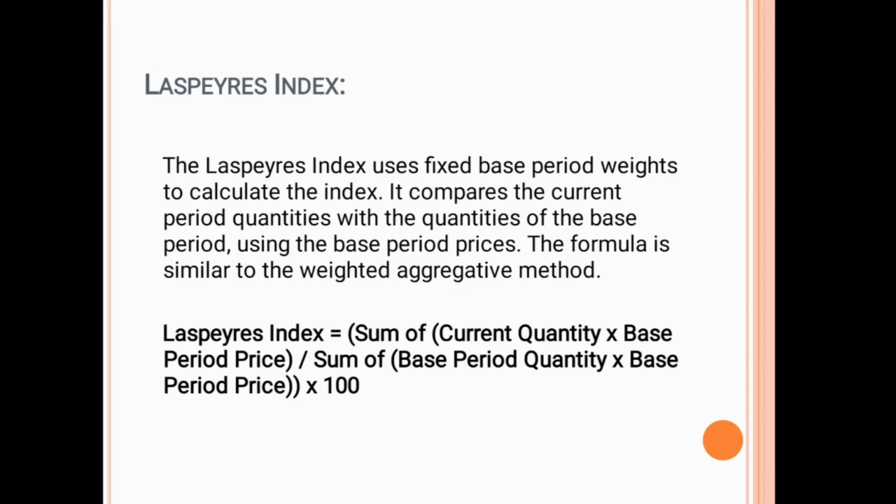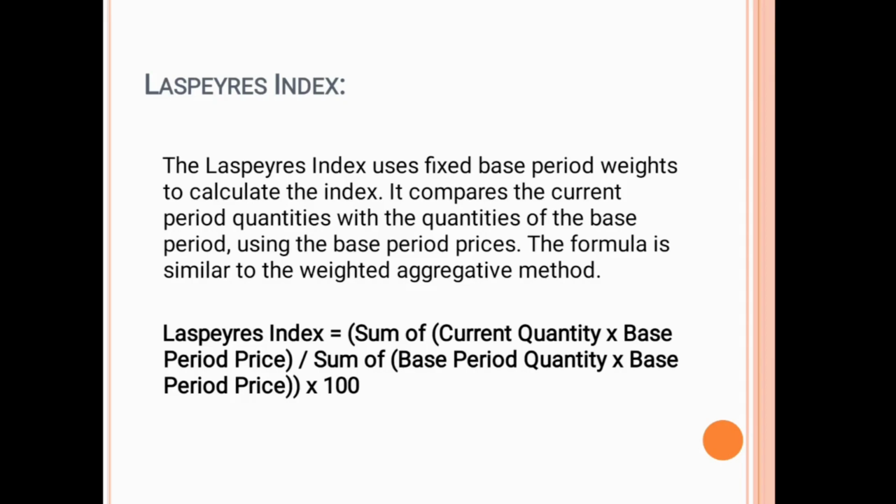Then we will talk about the weighted average method. The most important methods among them are Laspeyres' index and Paasche's index, and Laspeyres and Paasche are the base for Fisher's formula. The Laspeyres index uses fixed base period weights to calculate the index. It compares the current period quantities with the quantities of the base period.